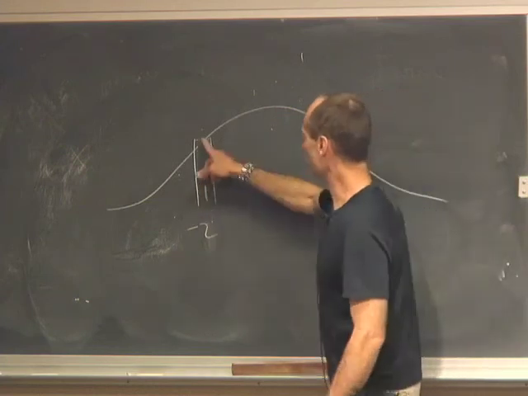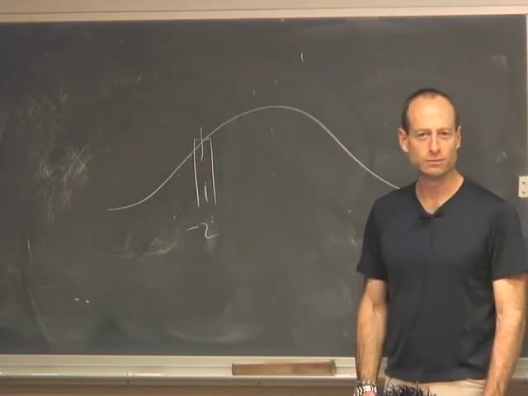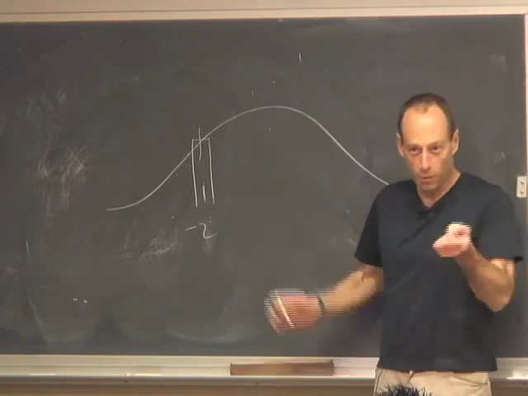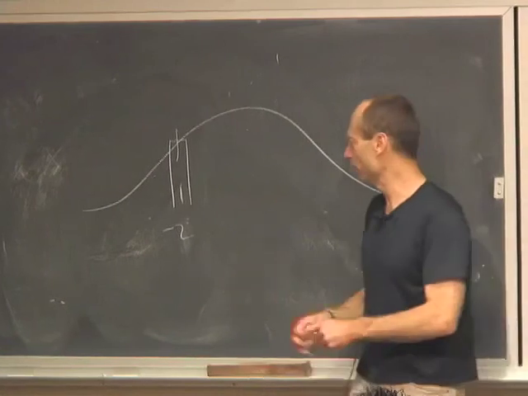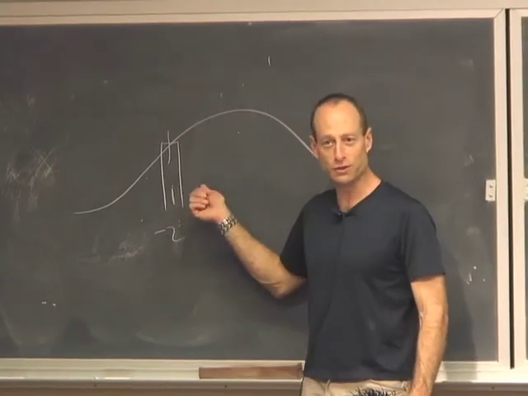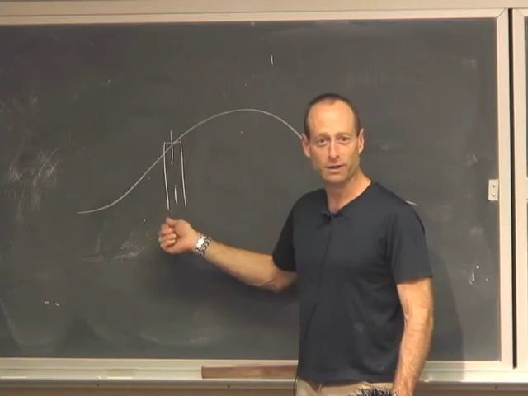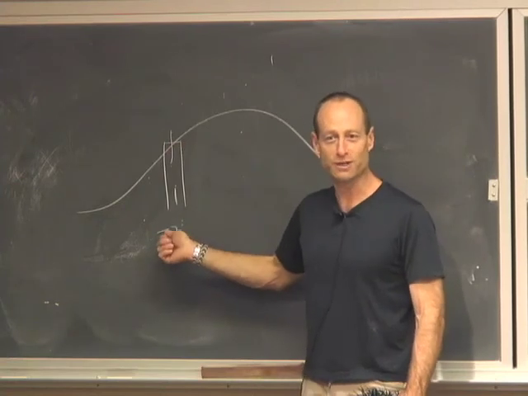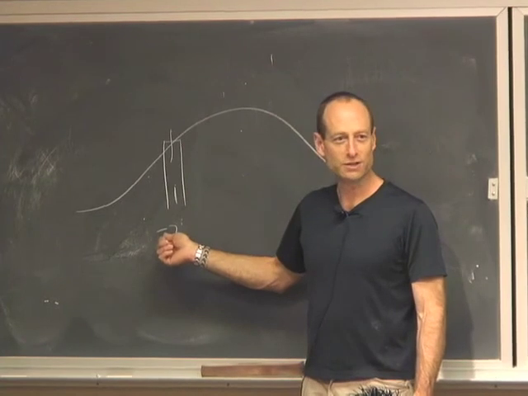What's the area under the normal curve over the point minus 2? 0. The area under a curve for any point is 0. Yes? So if I wanted to find out the chance that this random variable is equal to minus 2, finding the area under the curve between minus 2 converted to standard units and minus 2 converted to standard units is going to give me 0. Right? It doesn't help.